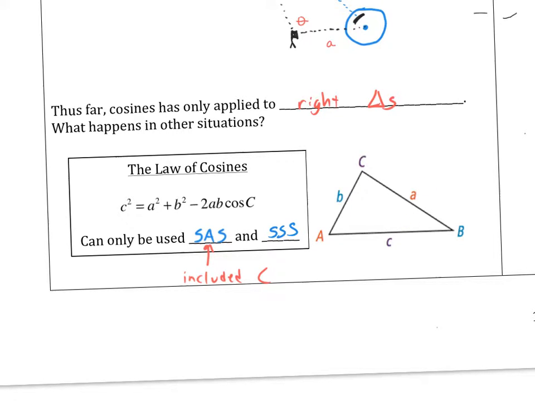By the way, A, B, C are arbitrary here. Just move them around or change the letters as long as you're consistent. Notice that whatever side this is, A, B are the other ones. And whatever side this one is, this one here has to be opposite, the angle opposite.